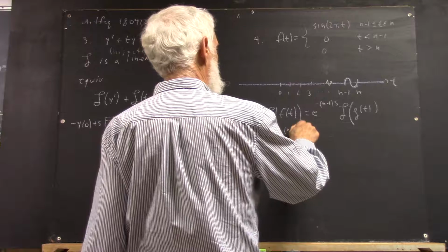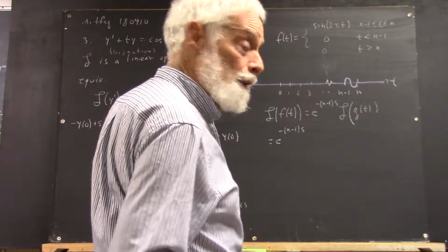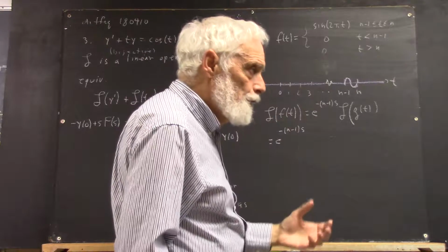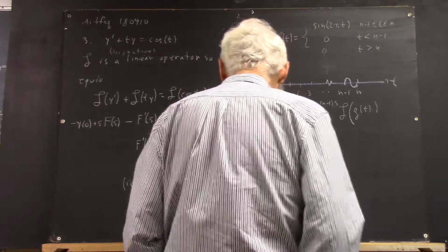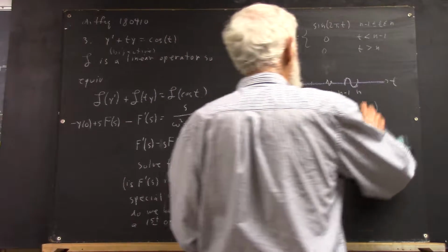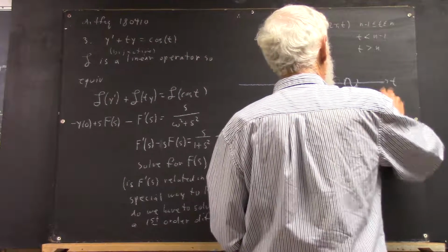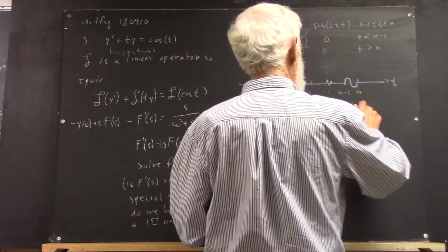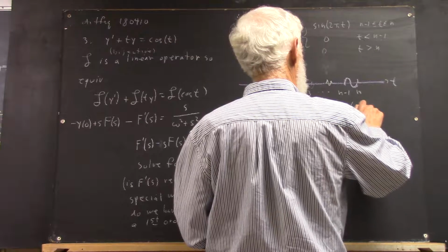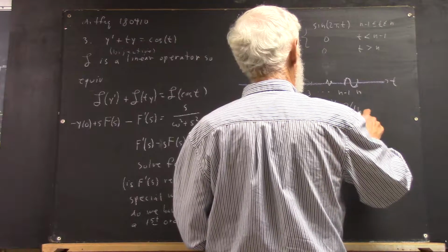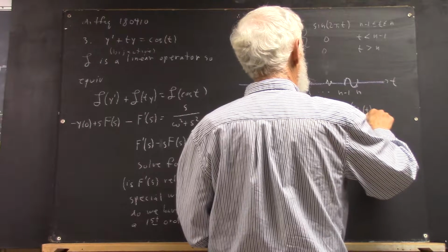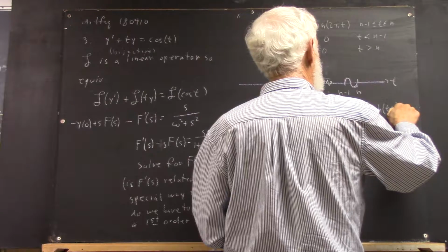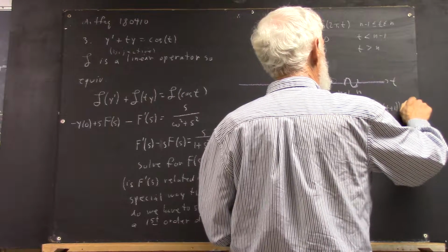So this is the formula that we actually derived. The Laplace transform of h of t minus h of t plus 1, times f of t, because you guys worked this out.